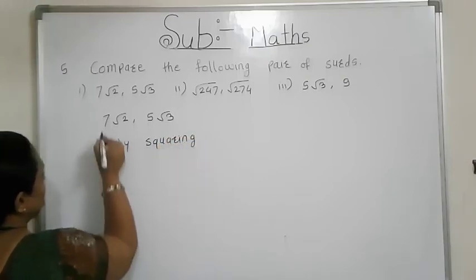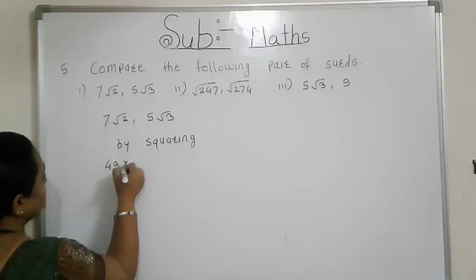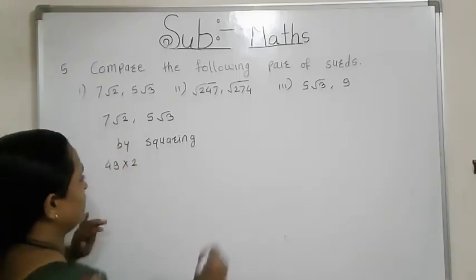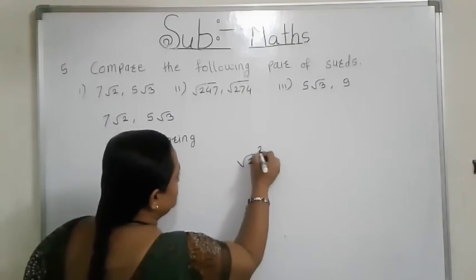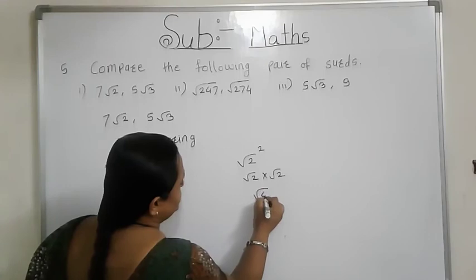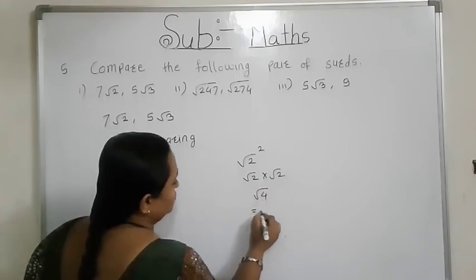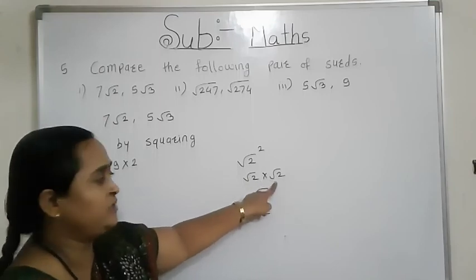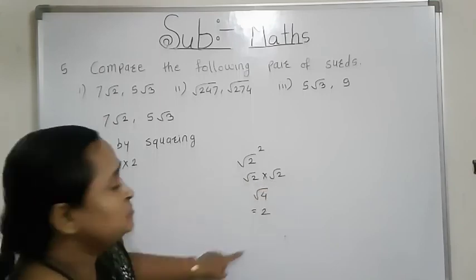By squaring, 7 square is 49, root 2 square is 2. Root 2 square means root 2 multiplied by root 2, then the answer will be root 4 and the square root of 4 is 2. So root 2 square is 2.